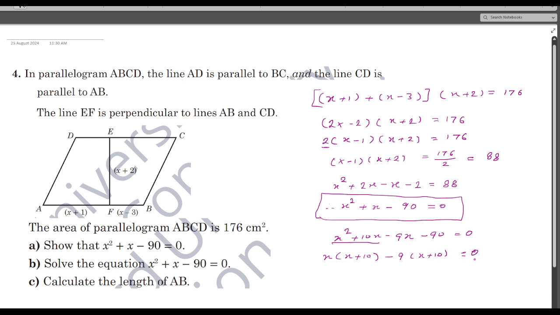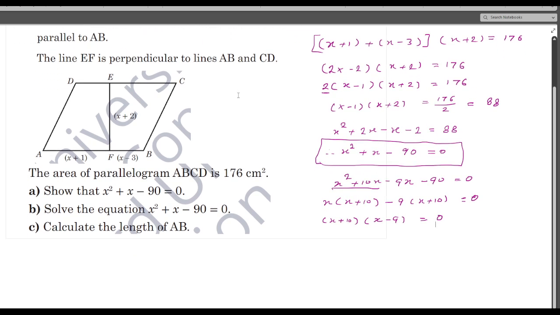Now this x plus 10 we will take common. Once I take x plus 10 common, in the other bracket I have x minus 9. So x plus 10 into x minus 9 will give me 0. So the value of x plus 10 is 0, or the value of x minus 9 is 0.